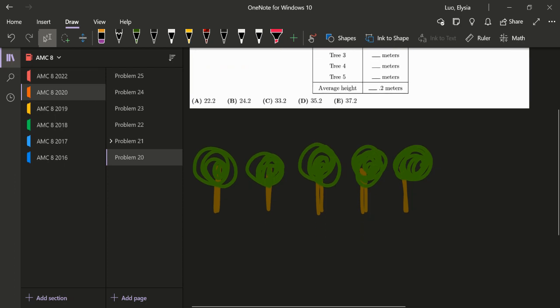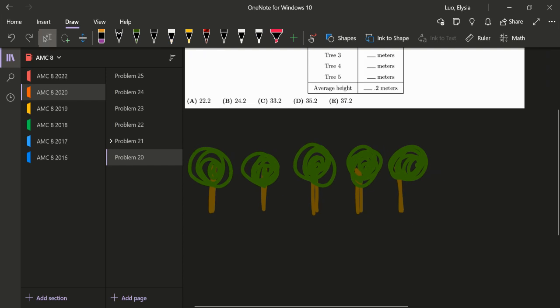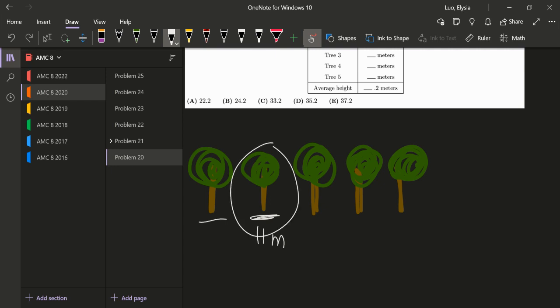Okay, so I've drawn a lovely diagram of our 5 trees here. And what are we going to do? Okay, so we know that this one, let's just say this is the second one, is 11 meters. Now, this tree is to the right of this tree, right? So what could this tree possibly be?